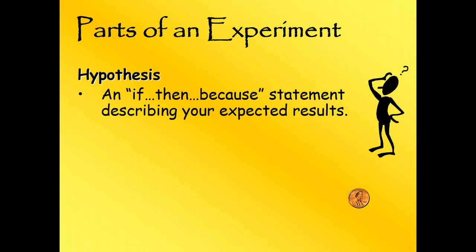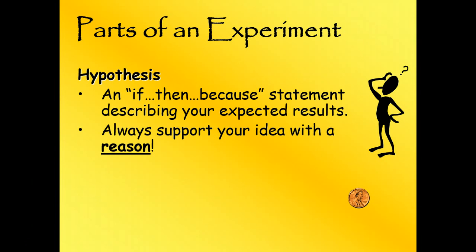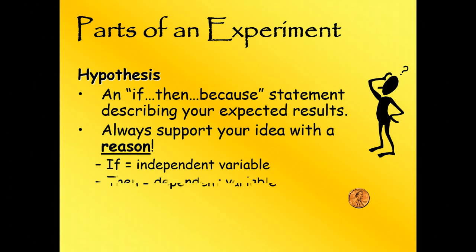Your hypothesis then becomes an if-then-because statement that describes your expected results. It's important to always support your idea with a reason. And when you write your hypothesis, the if, then, and because have particular things that go with them. After the word if, you would tell your reader the independent variable you are testing.